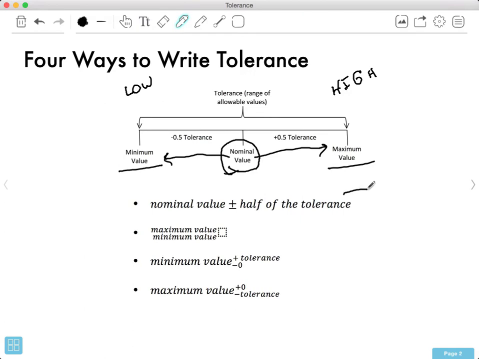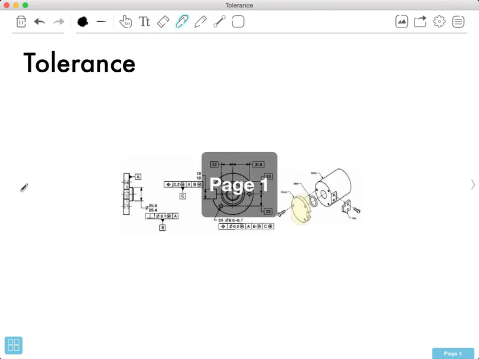Down here is an important little chart. You should definitely have this on a resource sheet for the exam. This tells you the 4 ways that you can write tolerance. I want to look at the second way just for a second here before we get to an example. The maximum value over minimum value. You can actually see that on this diagram.